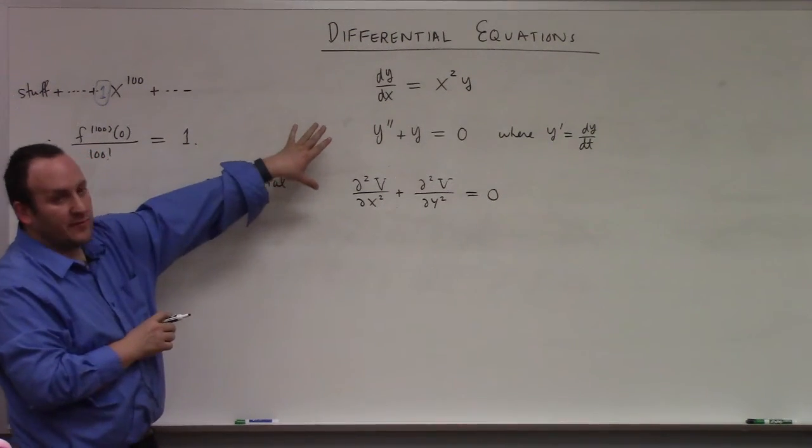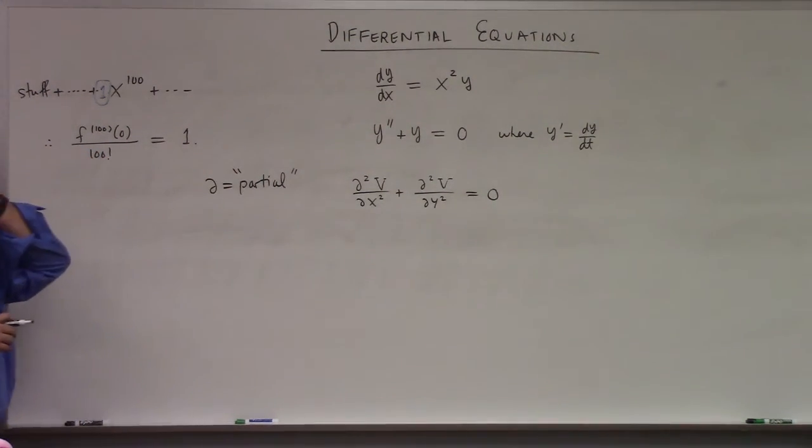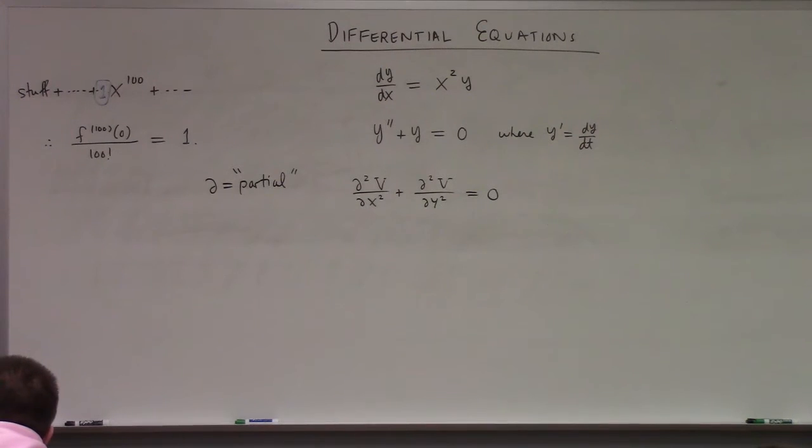But what I'm fishing for here is, it seems almost like I'm saying nothing, but I'm really saying something. A differential equation is an equation which meaningfully involves derivatives with respect to one or more independent variables. If the derivatives are taken with respect to just one variable, it's called an ordinary differential equation.